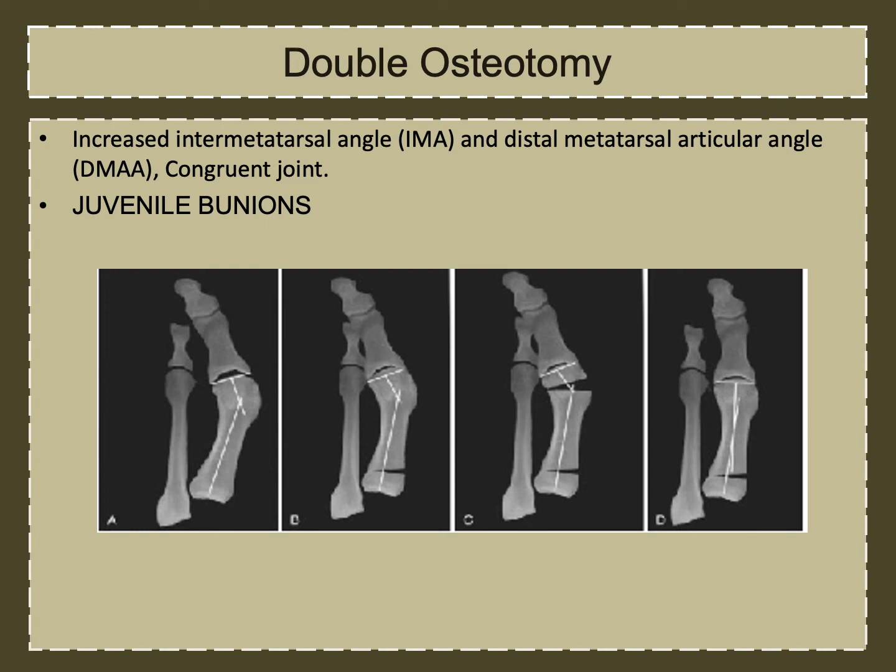So in order to correct this, you make a double osteotomy. If you just made the proximal osteotomy and shifted so the IM angle was reduced, it would actually make things worse. So you have to correct the overall angle of the distal joint as well.